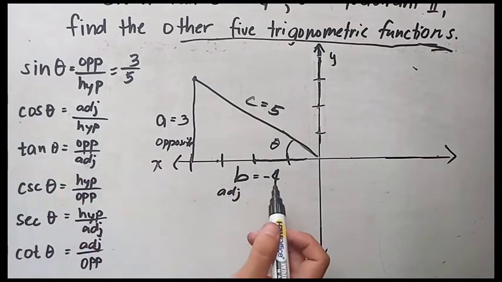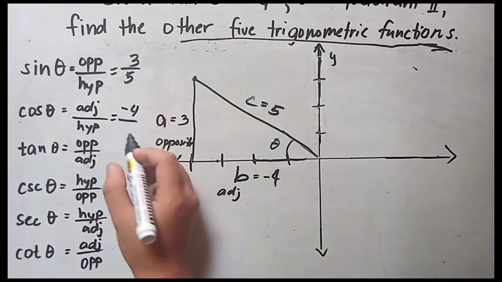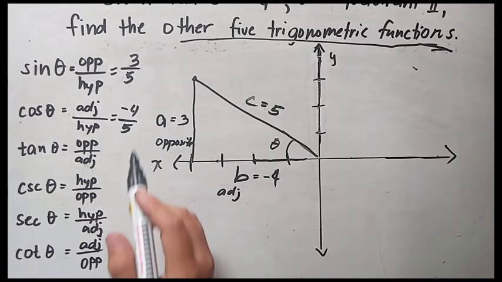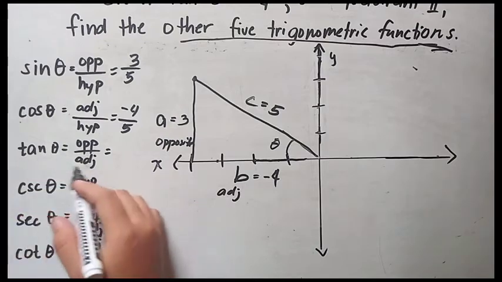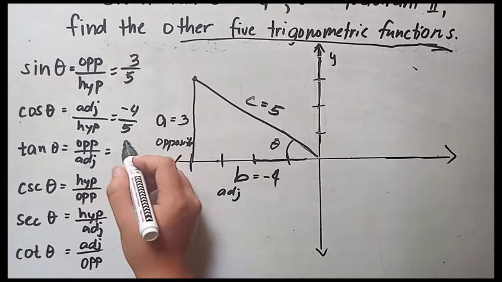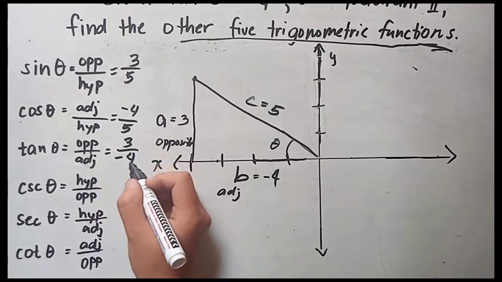So this is our adjacent, that is negative 4 over our hypotenuse is 5. So that is negative 4 over 5. Next, we have opposite over adjacent, that is tangent theta. So opposite side is 3 over our adjacent is negative 4.